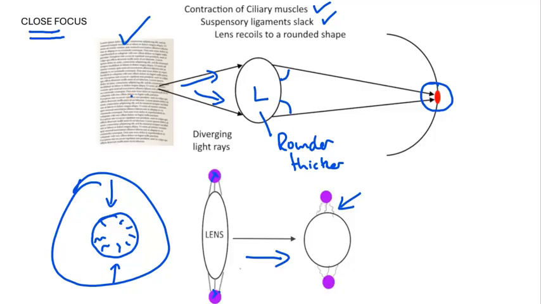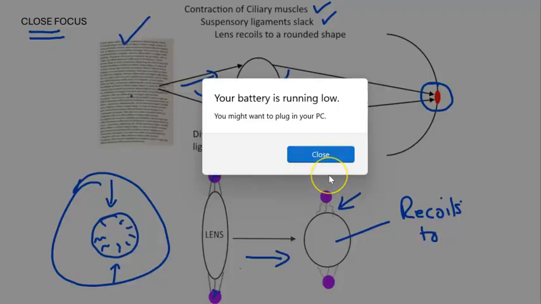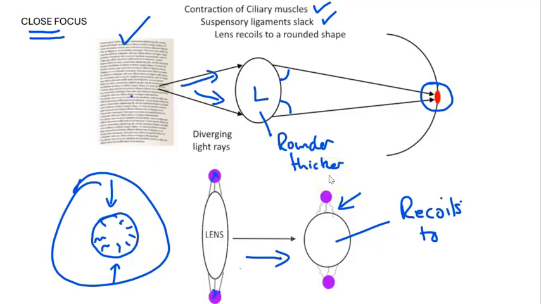Under that condition, this lens recoils to its unstretched state, to this round state.